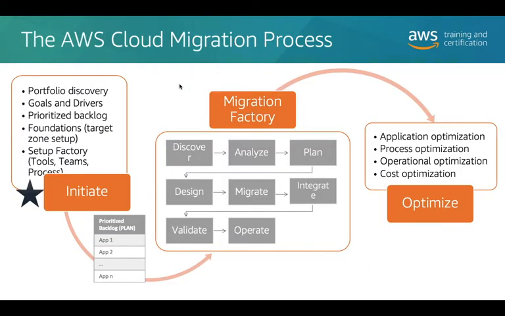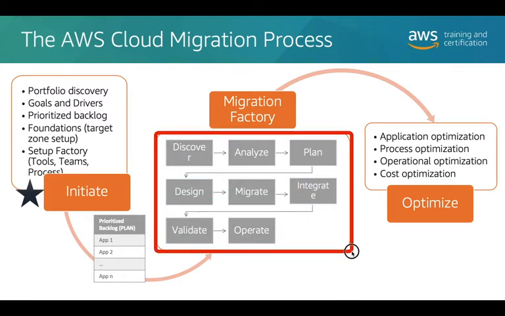Another concept we talk about is what is known as the migration factory. The migration factory is that whole process that we use for going through the discovery, analysis, planning, designing, the actual migration, the integration, validation and operation of each individual application.